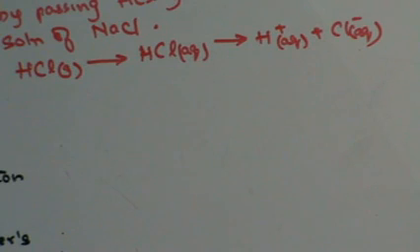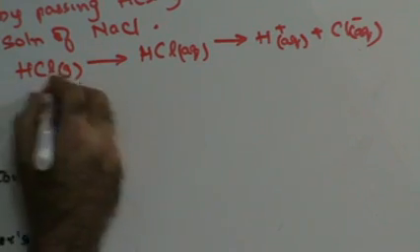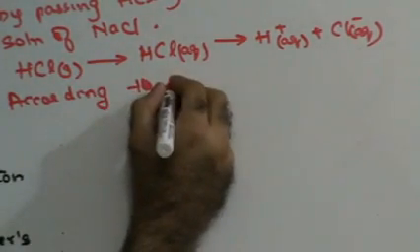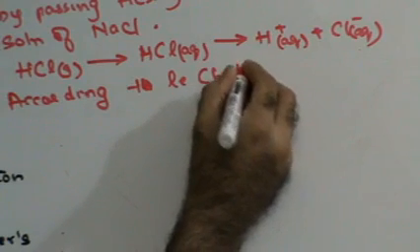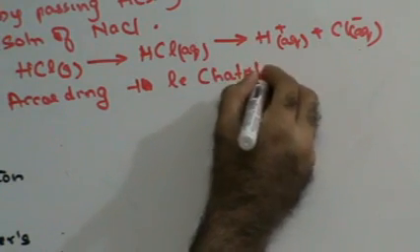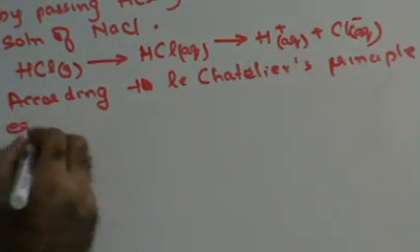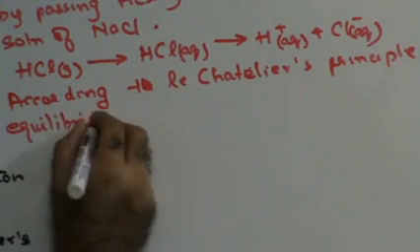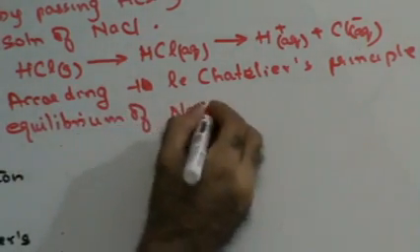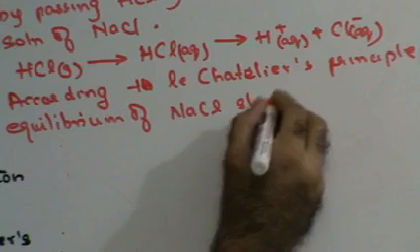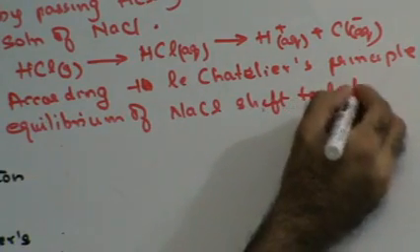The concentration of chloride ions will increase, and by Le Chatelier's principle, the equilibrium of NaCl shifts to left, right?